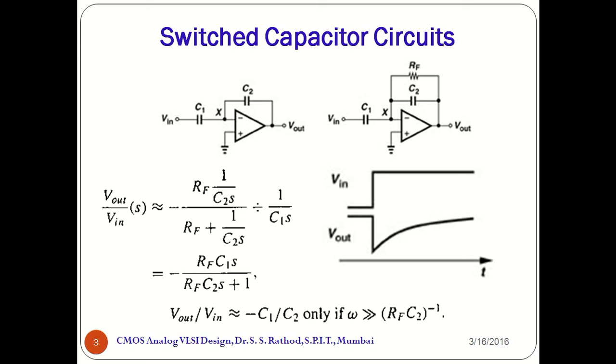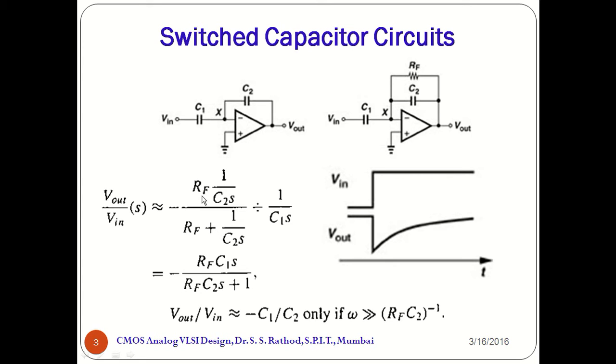We can write the transfer function for this network, Vout by Vin as a function of S, as nearly equal to minus the total feedback impedance ZF divided by the input impedance Z1. ZF is nothing but the parallel combination of RF and C2.